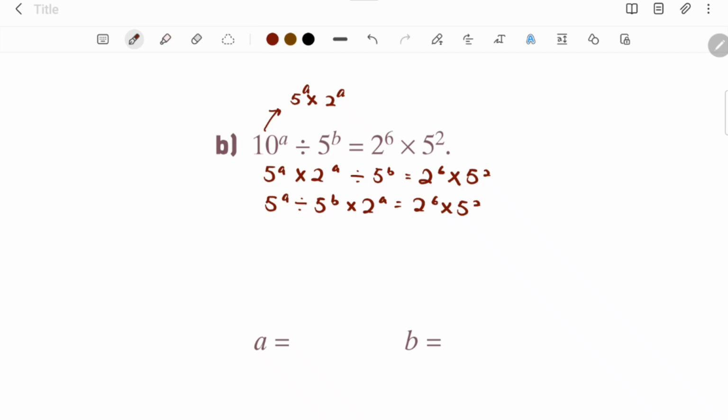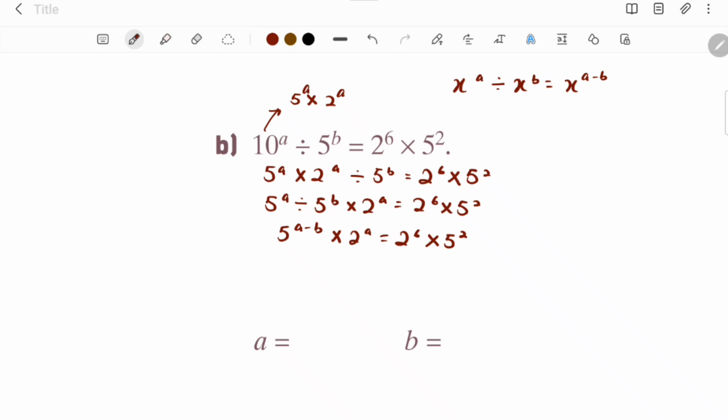Okay, so we already learned before this month, if x to the power of a divided by x to the power of b is actually equal to the subtraction of the two powers, a minus b. So this one, 5^(a minus b) multiplied with 2^a equals 2 to the power of 6 multiplied with 5 to the power of 2.